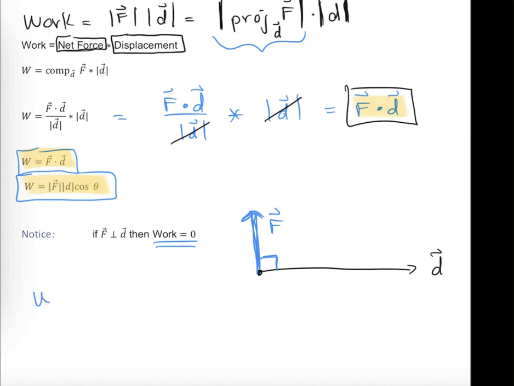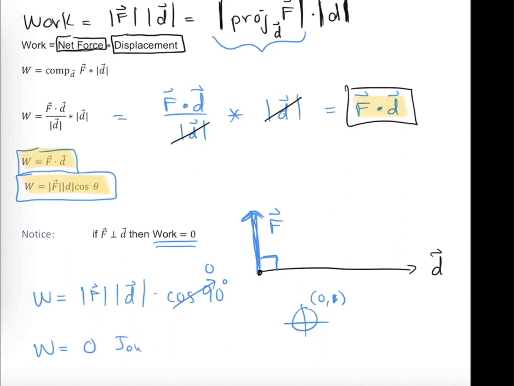That would be calculated as well if we had mag F, whatever the magnitude of that vector is, mag D, whatever the magnitude of that vector is. But if we have the angle in between the two vectors as 90 degrees, we'll remember that the cosine of 90 degrees is 0, and so it actually calculates out to give us a work that is 0, and we'll just go ahead and put joules down here.